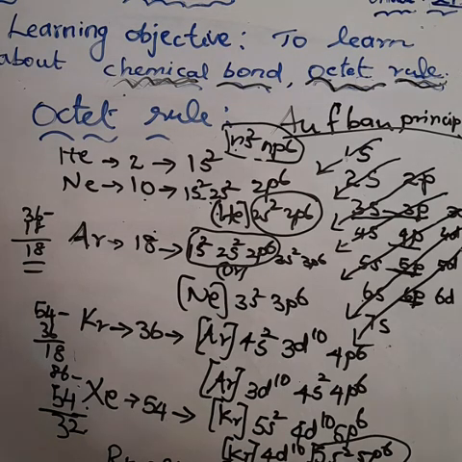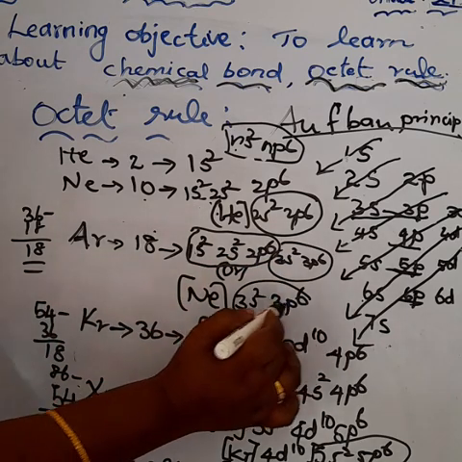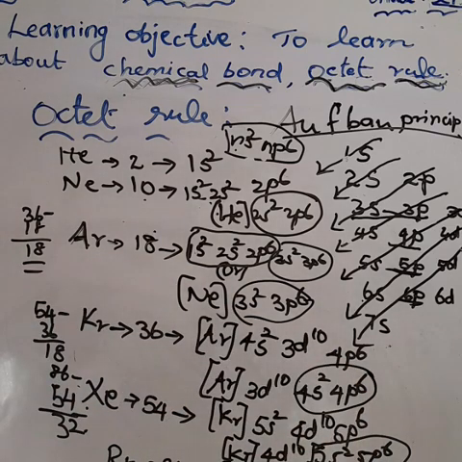Okay, students, understood? So all the noble gases have 8 electrons in their valence shell, so it becomes stable.